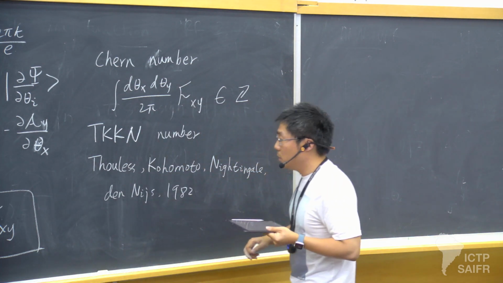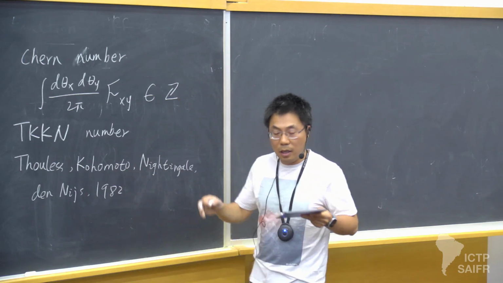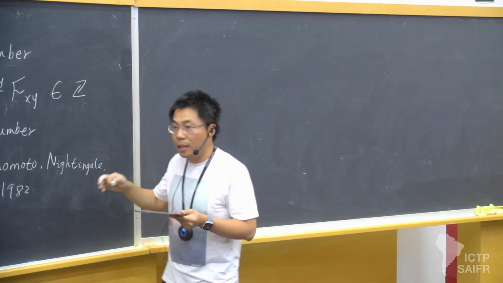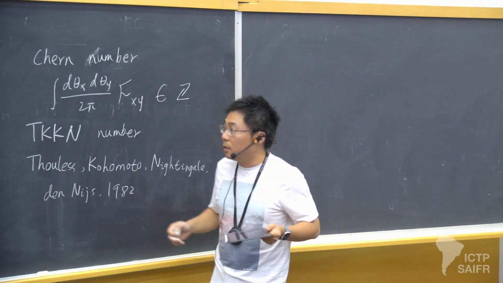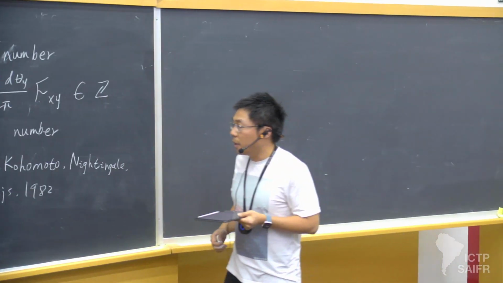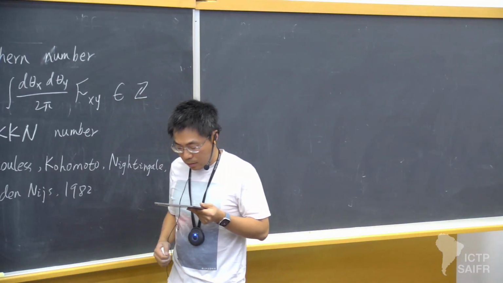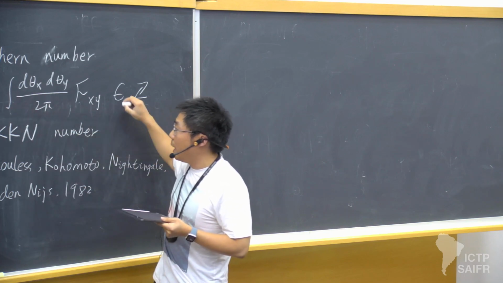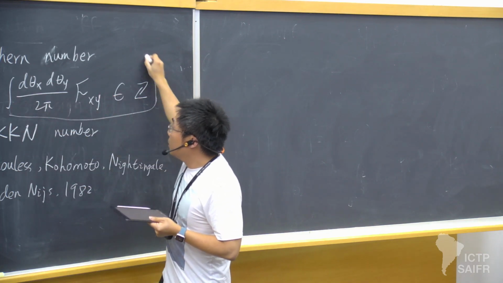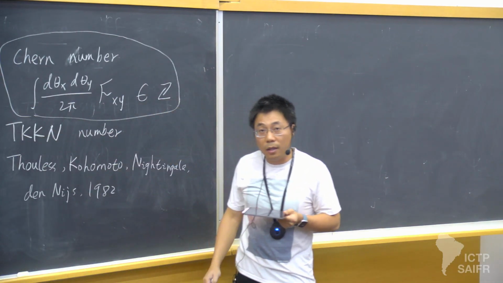And that was really the work that opened the entire industry of topological materials or topological quantum matter that many people are working on nowadays. The rest of this lecture wants to prove the statement that this Chern number is a quantized integer.